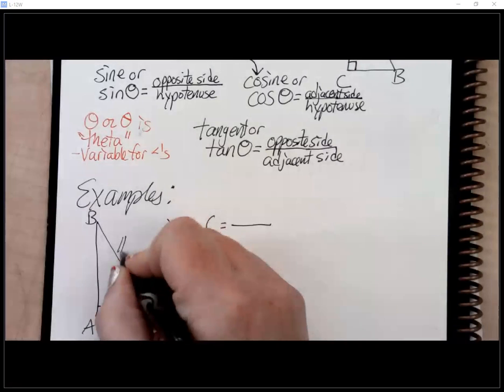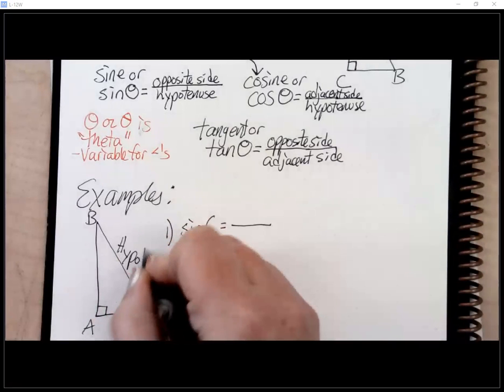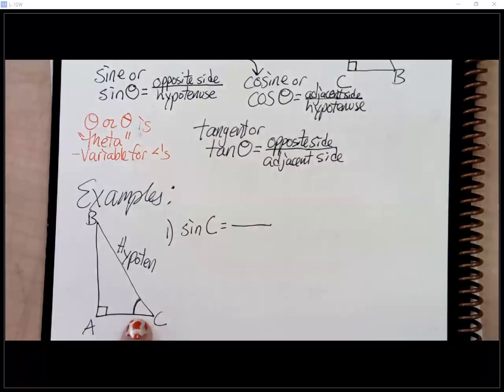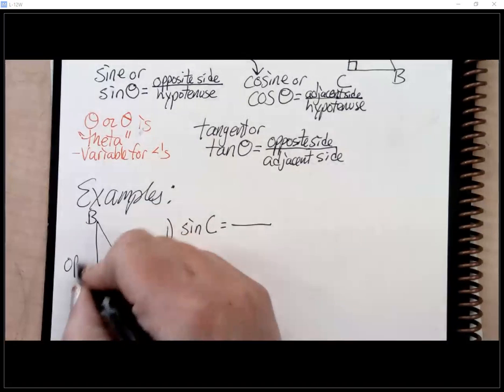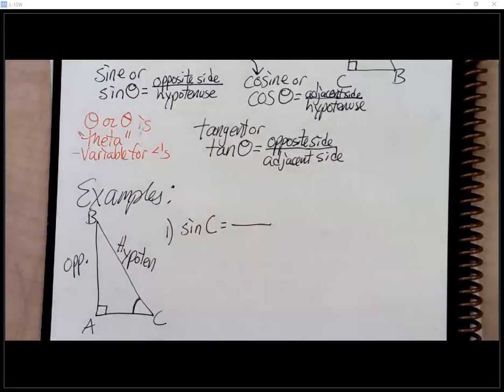Now, if I'm talking about angle C though, one side is going to be opposite of this angle. And which side is that in this case? BA, right? Isn't that the side opposite that angle? So this would be my opposite side. And then if I needed the adjacent side of angle C, wouldn't that be this side right here? What's adjacent mean again?